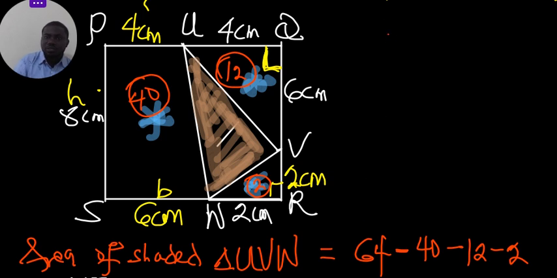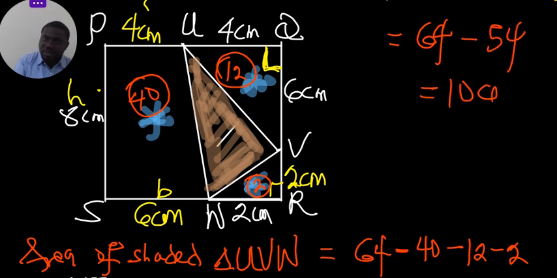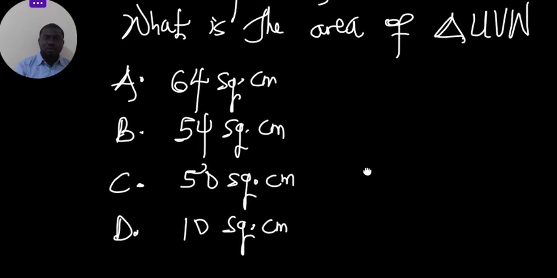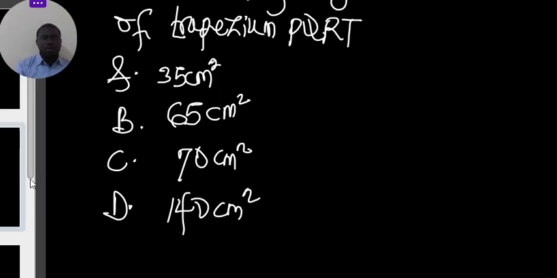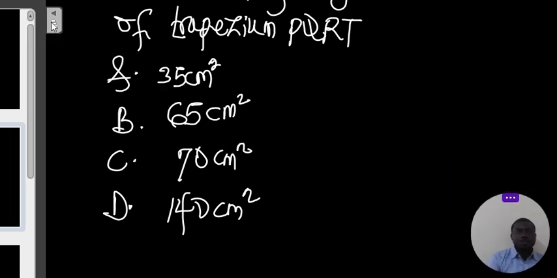So that will be 64 minus 54. That's 10 cm squared. Or one can just say add up these areas and subtract it from the entire area. So that's 10 cm squared. Let's see what we have there. That's option D. So let's proceed.